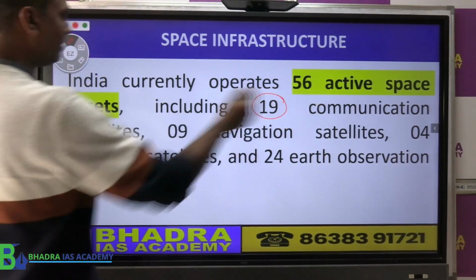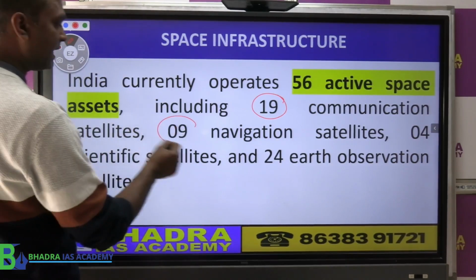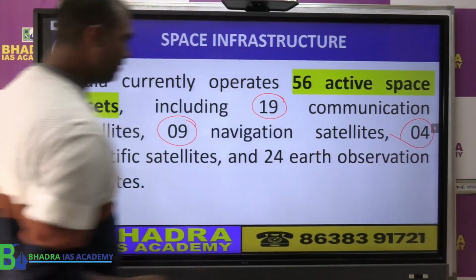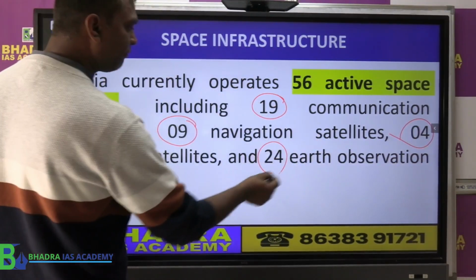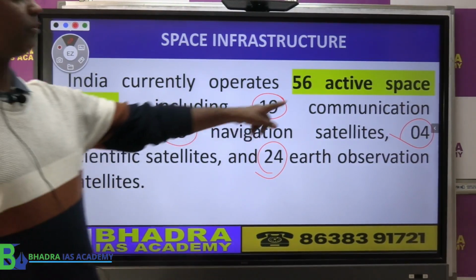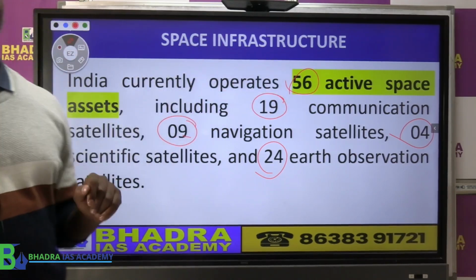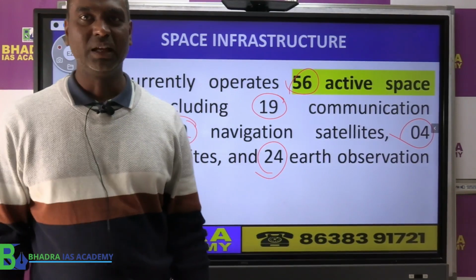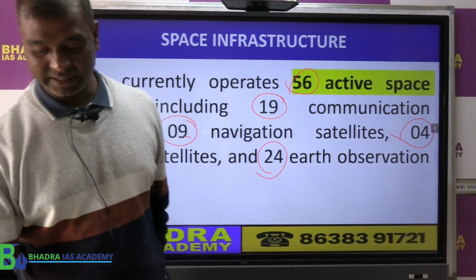We have 19 communication satellites, 9 navigation satellites, 4 scientific satellites, and 24 earth observation satellites. So we are operating about 56 space assets of India. Okay, this is one update given.